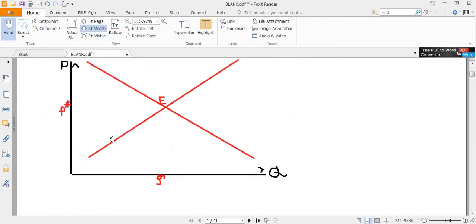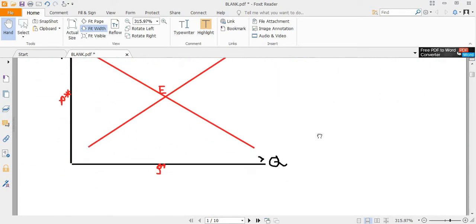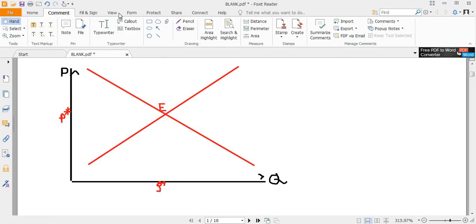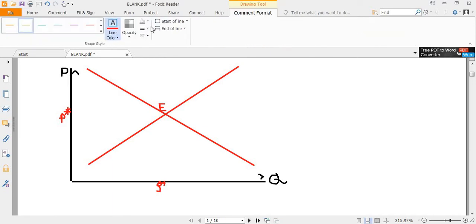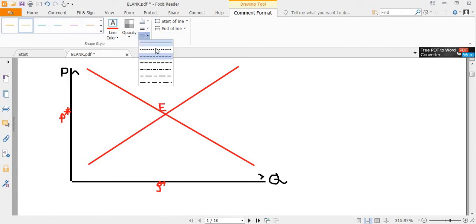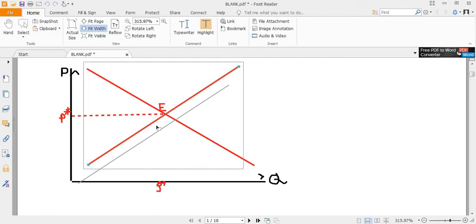So just to save time, I have already drawn the diagram that I had discussed in the last video. We have the horizontal quantity axis and the vertical price axis, the upward rising supply curve and the downward sloping demand curve. We have the equilibrium price P star and the equilibrium quantity Q star.